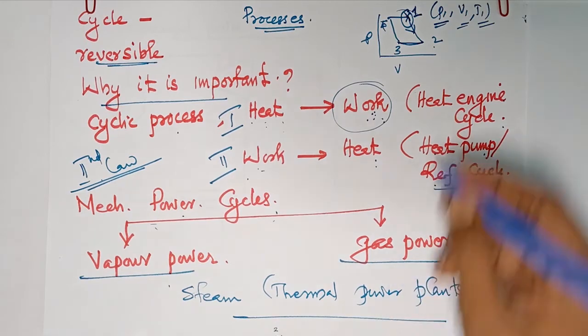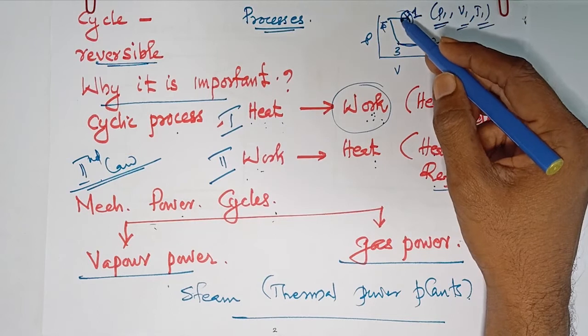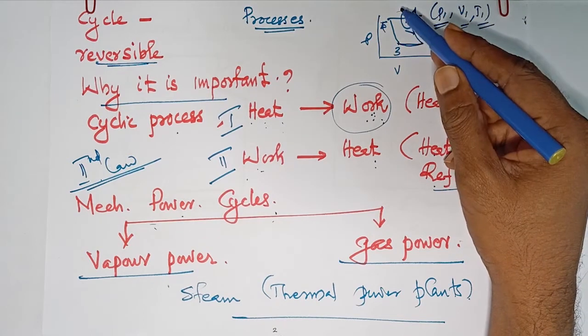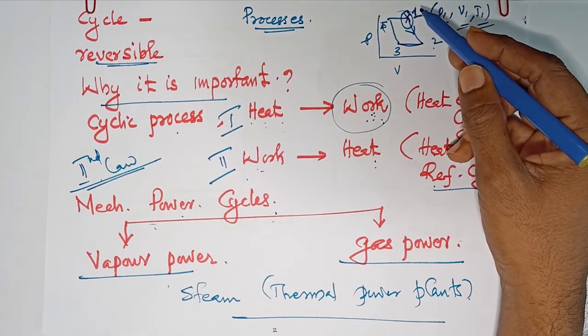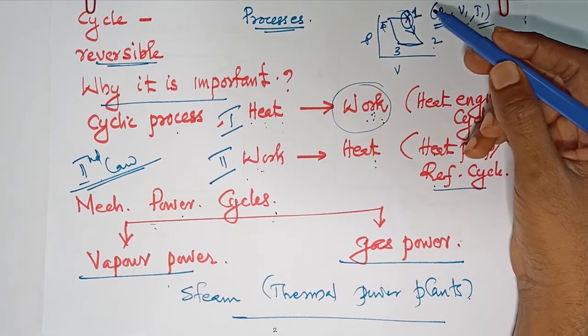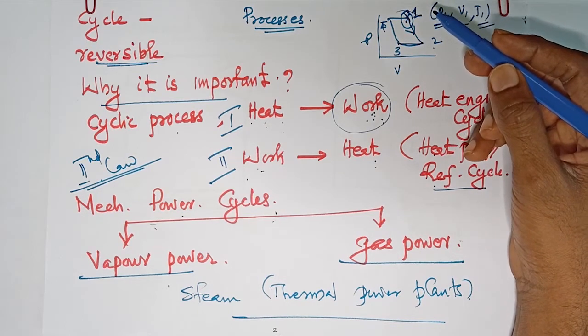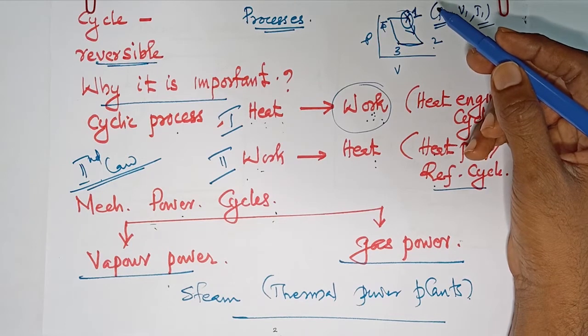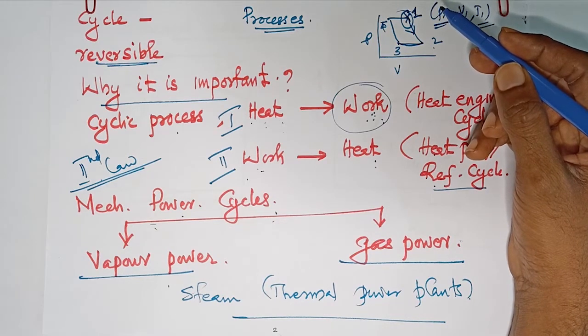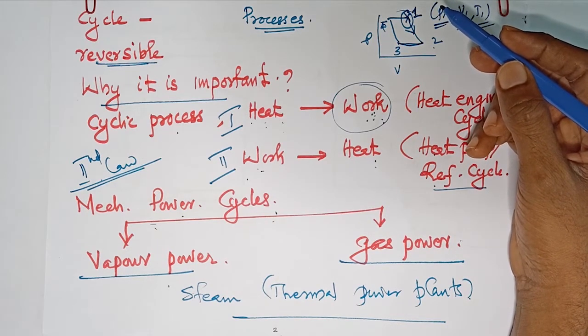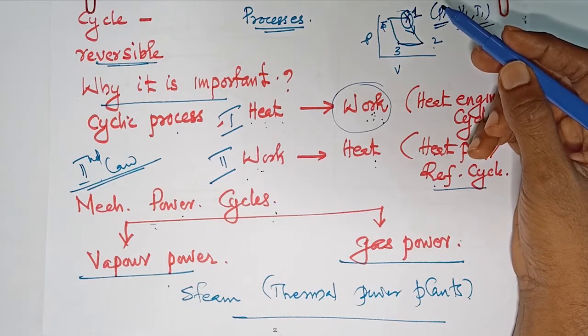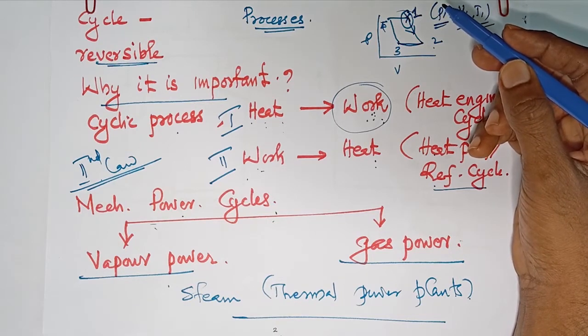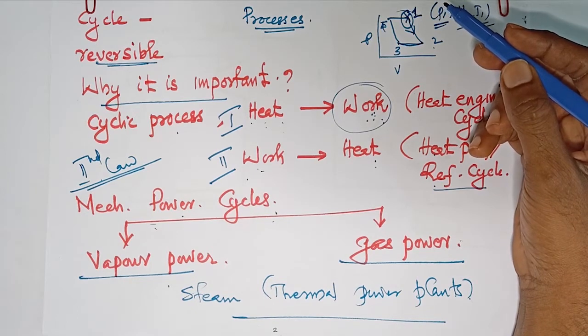Suppose in this cycle, see, any cycle consists of many processes. In this process, the liquid is converted into vapor, and the vapor is again condensed. Vapor condense ചെയ്ത് വീണ്ടും നമ്മൾ ലിക്വിഡാക്കി, saturated liquid ആക്കി, again that liquid is heated in a boiler and that is converted into steam, saturated steam.